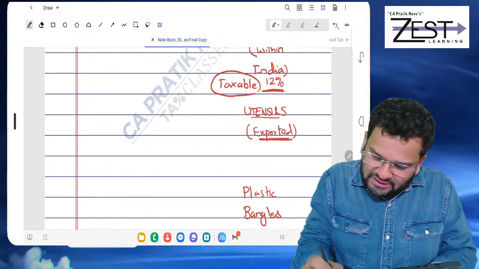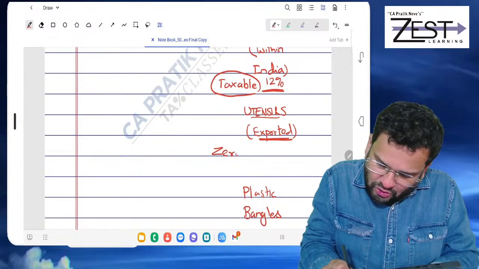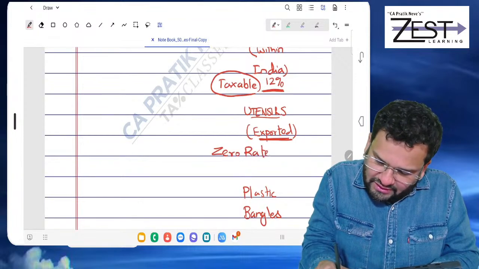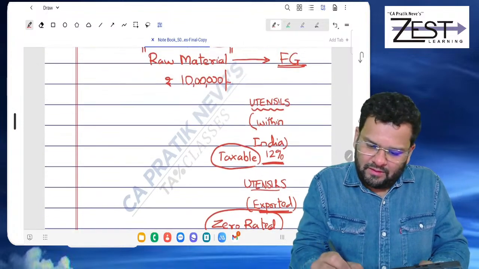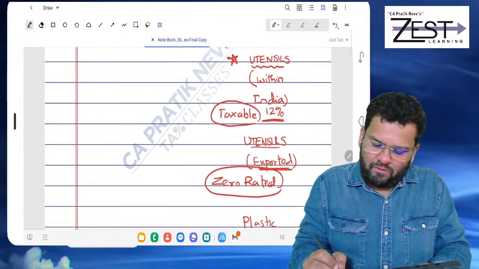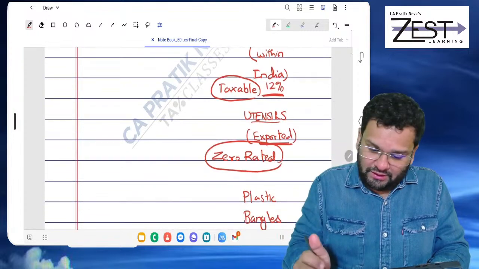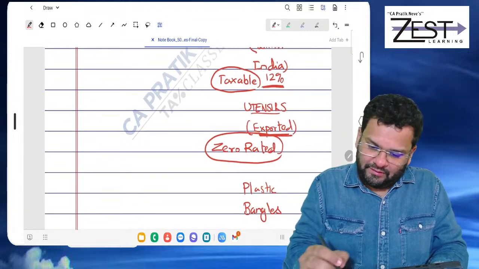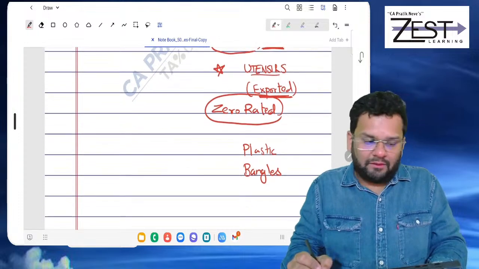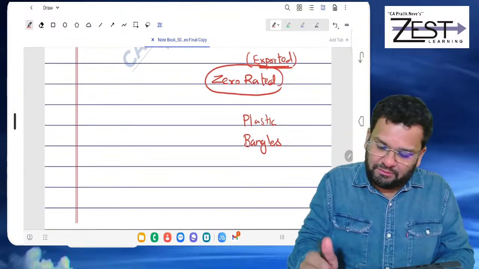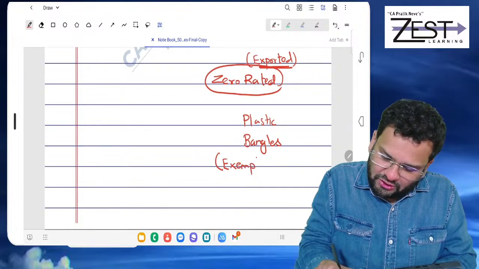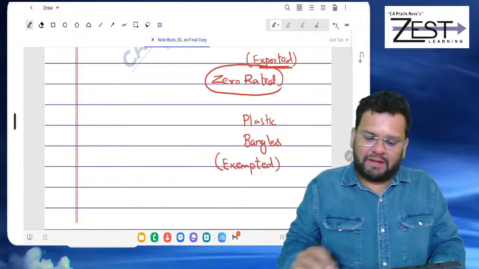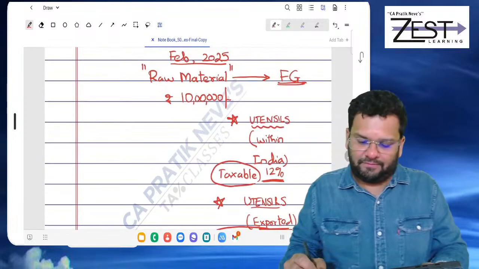Since they are exported, they are called zero rated. Did you get the point? And plastic bangles, let me tell you, are exempted.